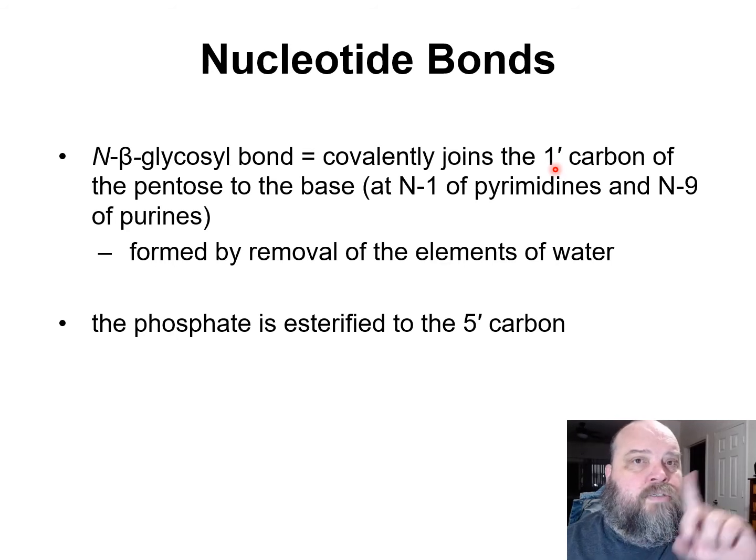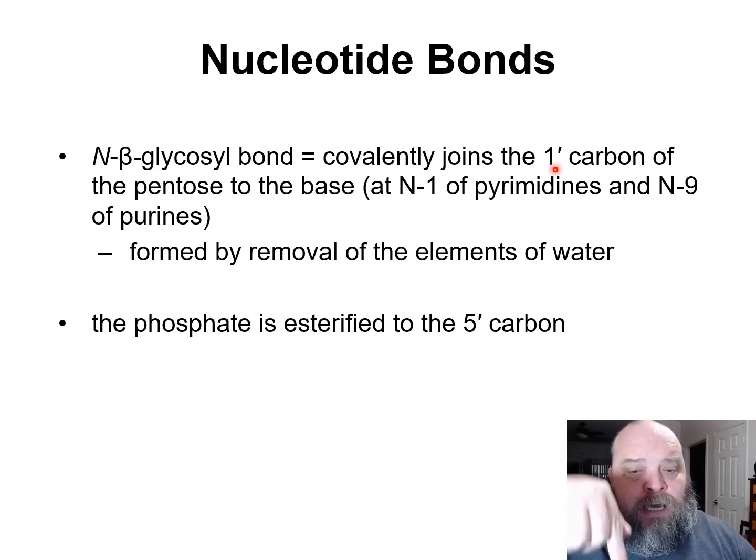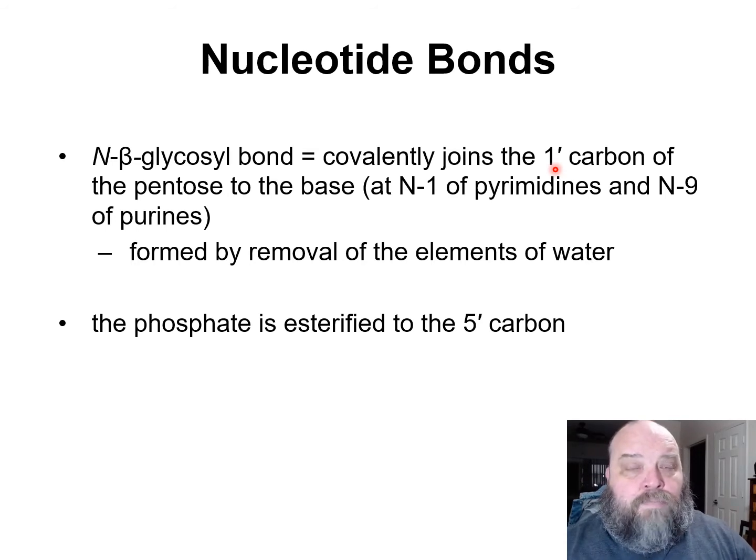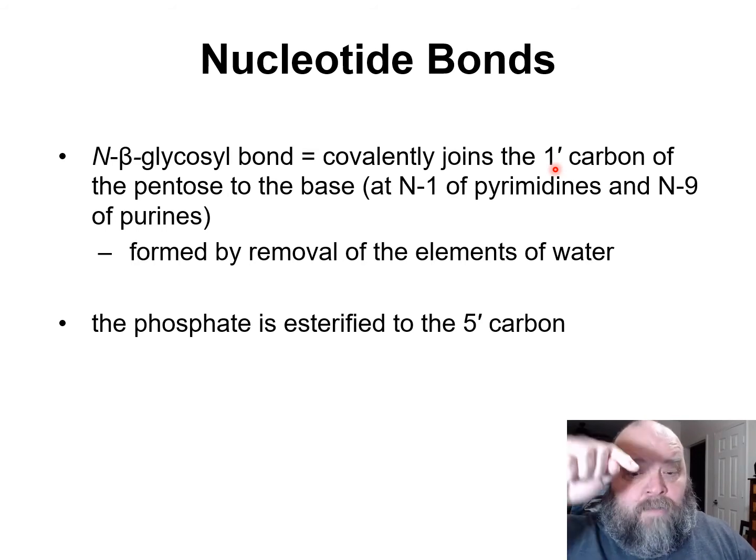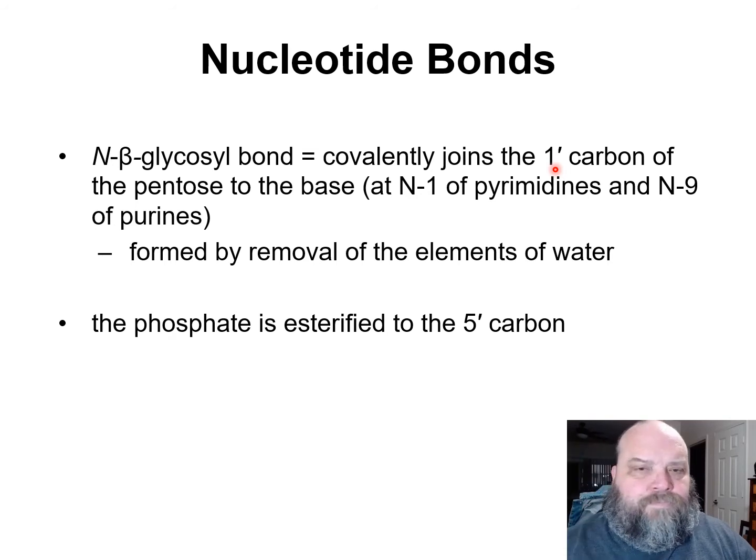If you think back to the previous chapter when we were talking polysaccharides, at the 1' carbon, whether the hydroxyl is pointing down, pointing up, compared to the plane of the sugar, pointing up alpha, pointing down beta, or beta alpha. Well, there you go. That's the beta.